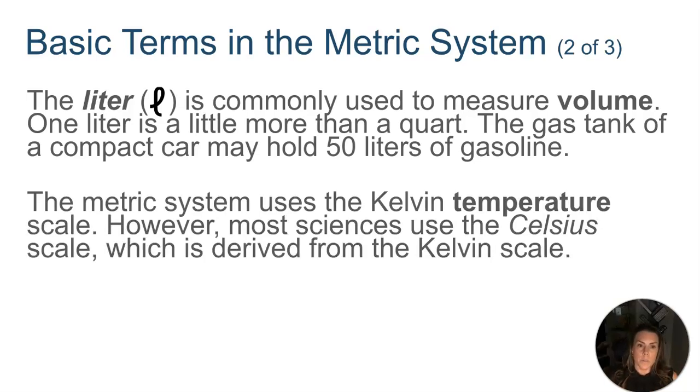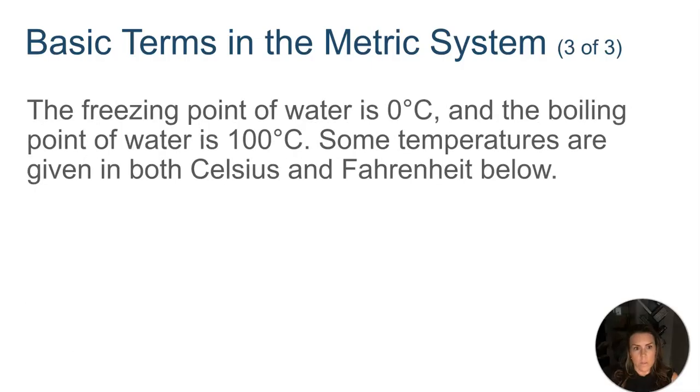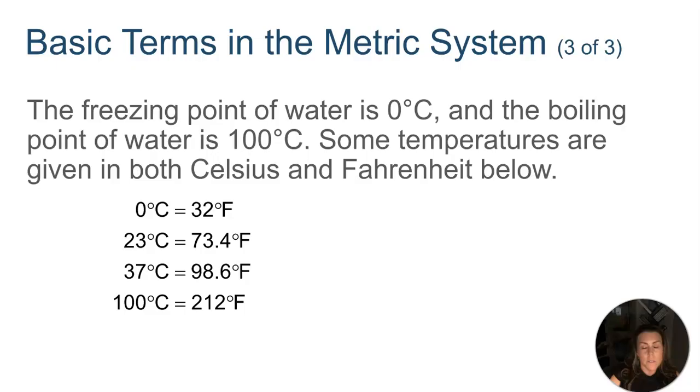For temperature, the metric system uses the Kelvin temperature scale, but most sciences use Celsius, which is derived from the Kelvin scale. Kelvin has absolute 0. The freezing point of water is 0 Celsius, and the boiling point of water is 100.